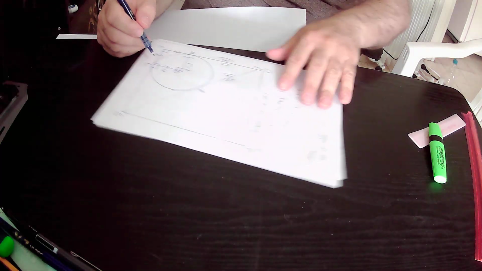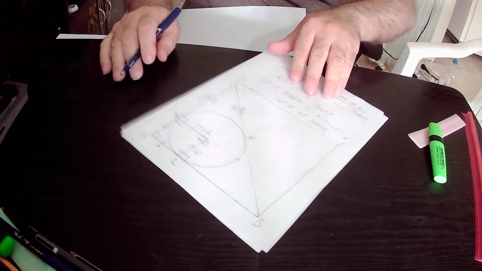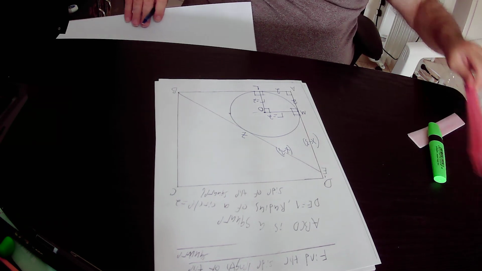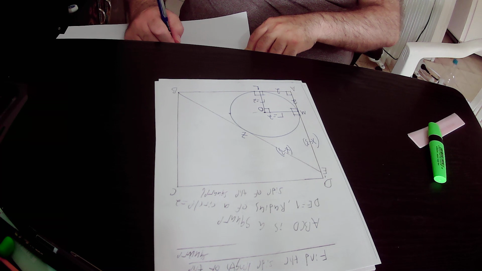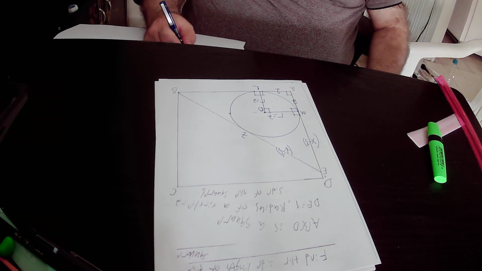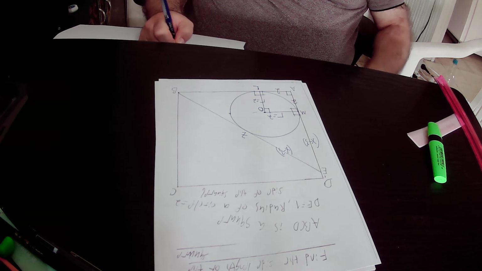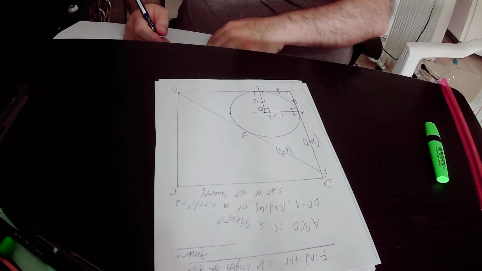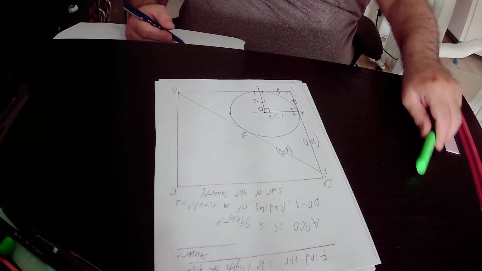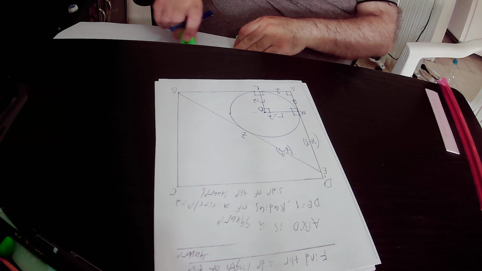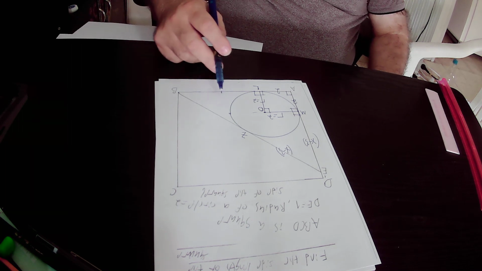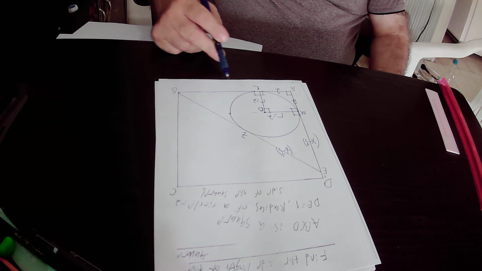In the next step, we will focus on the common external point, point B. From point B we have two tangents to this circle.